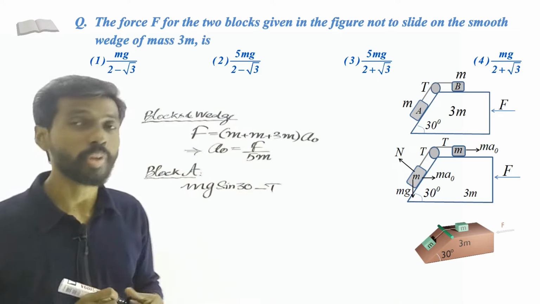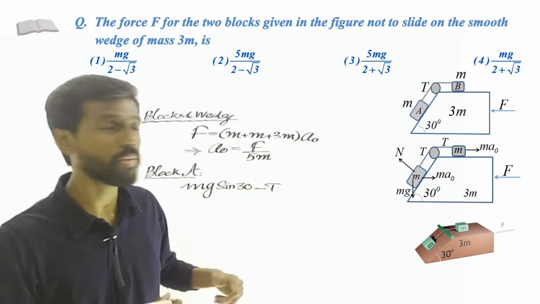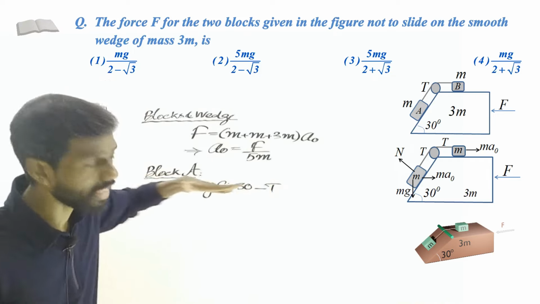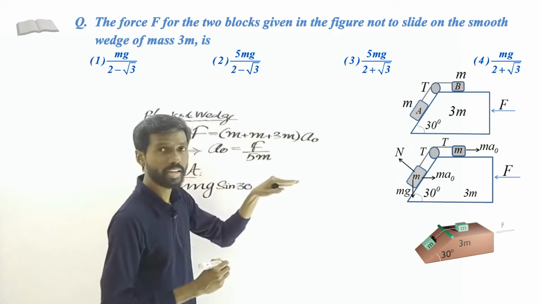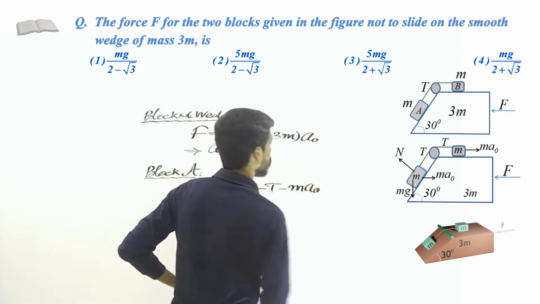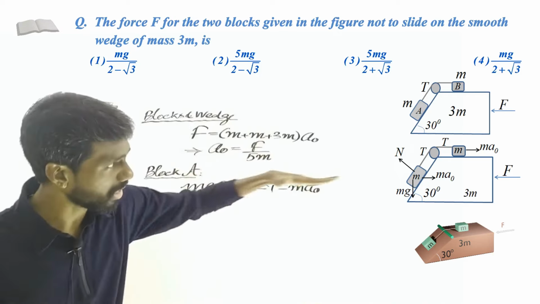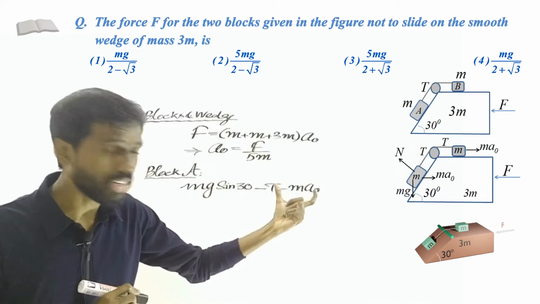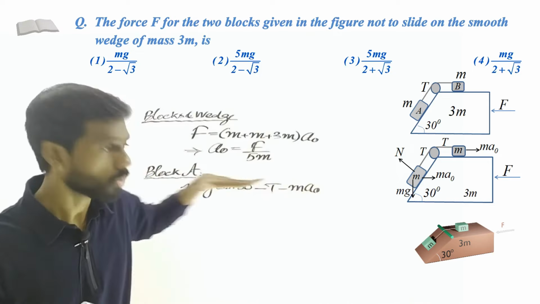Not only that, we also have the pseudo force because we are in the accelerating frame of reference. So what is the pseudo force? The acceleration of the observer is in this direction, so the pseudo force will be in the opposite direction: minus m a0.